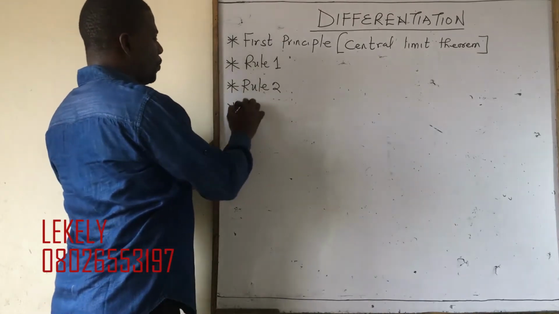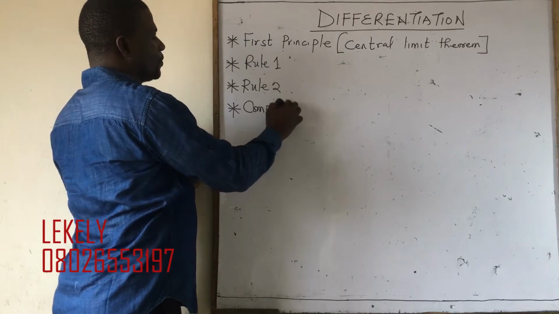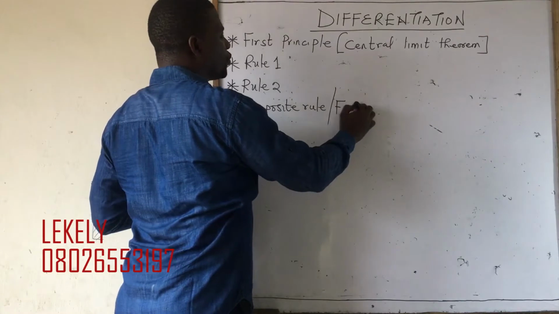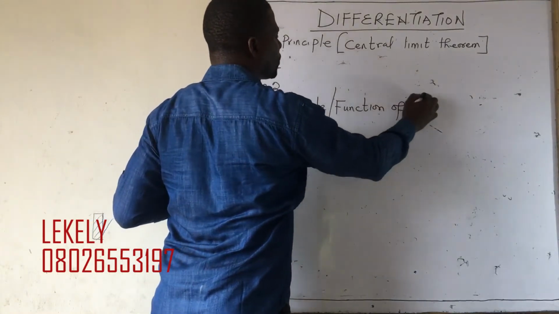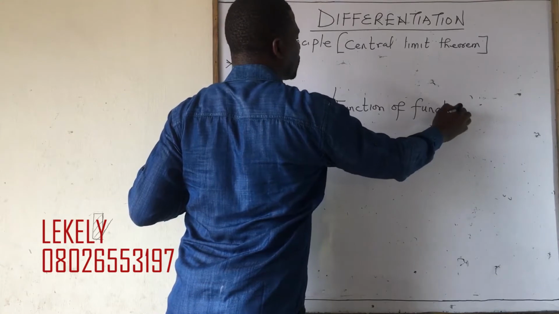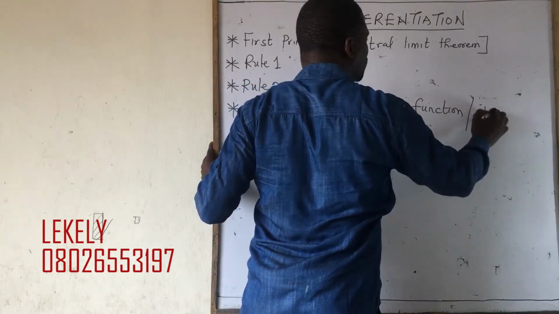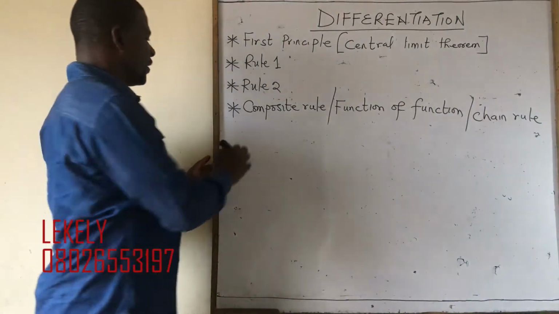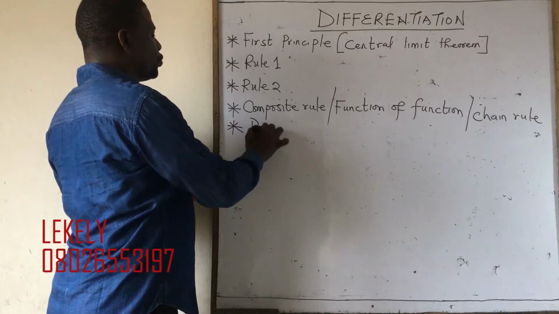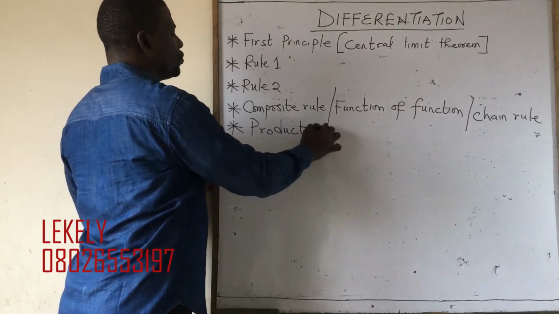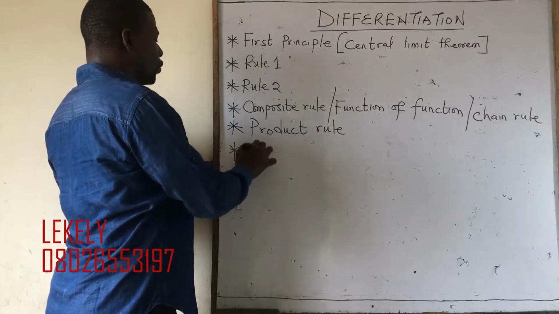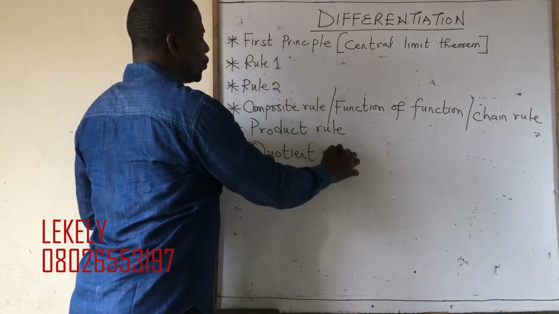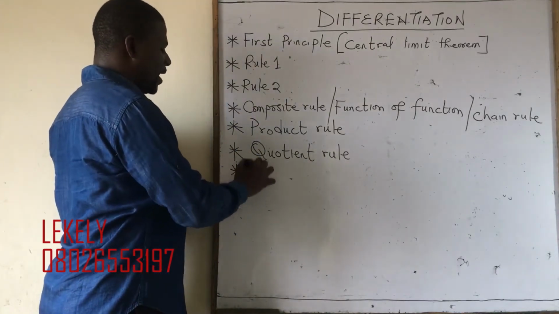We'll also look at composite rule or function of function, or chain rule. You can call it any of the 3. Then we're also going to be looking at product rule. Then we'll also look at quotient rule. Then we'll look at higher derivative.